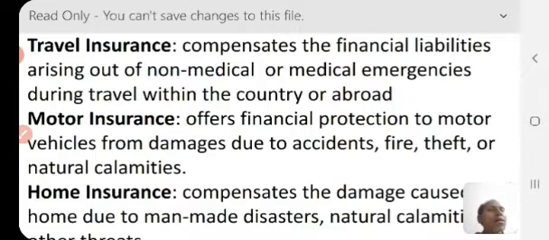Within the country or abroad, if any financial liabilities arise, and if we take a travel policy, we can meet all the expenses. We can claim all the expenses from the insurer. The travel may be in the country or abroad.